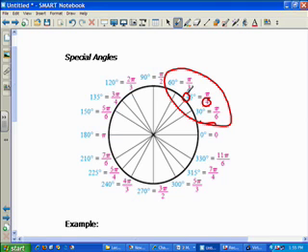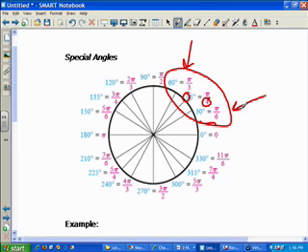The other 2, I got to start thinking reverse, right? 60 degrees has a 6 in it, so I don't want that one, so it's pi over 3. 30 degrees has a 3 in it, and I don't want that, so it's pi over 6. And those are the only 3 I remember. 30 degrees, pi over 6. 45 degrees, pi over 4. And 60 degrees is pi over 3.